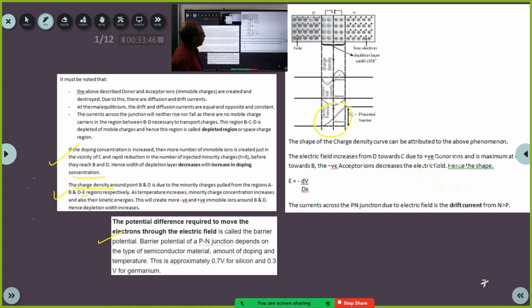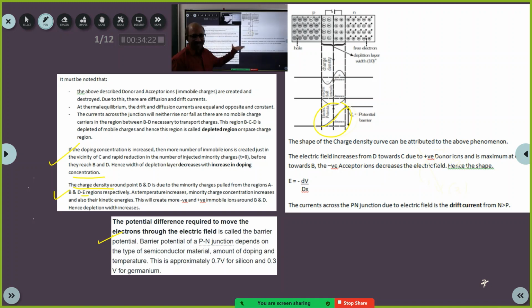Now, what is this potential energy curve? We call it the potential curve. What is the significance of it? Come on, tell me. If an electron wants to move through this diode, it has to pass through this potential.